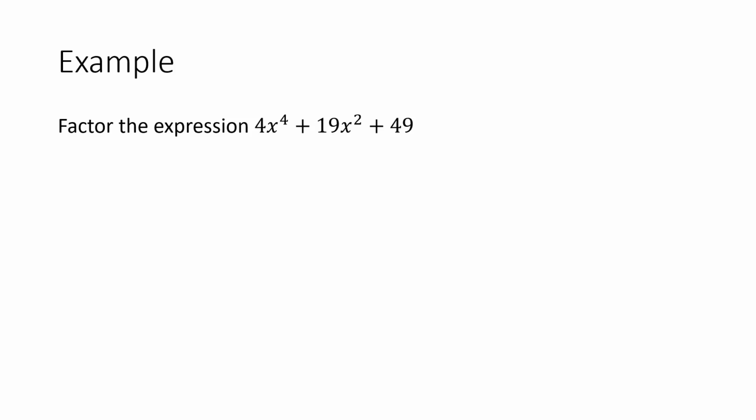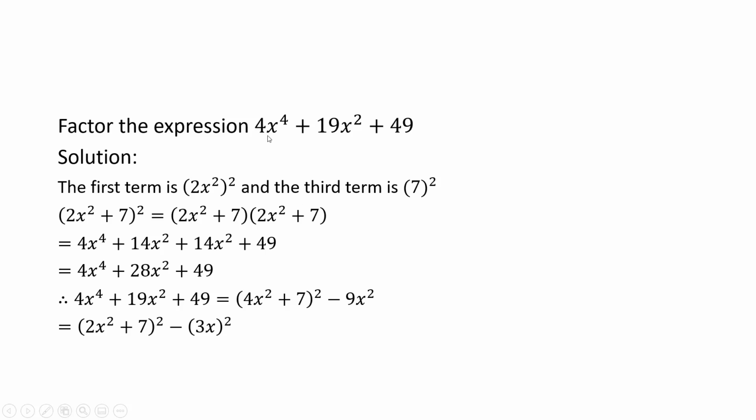And finally, let's try this one. We have 4x to the 4 plus 19x squared plus 49. Well, the first term here, 4x to the 4, is really 2x squared quantity squared, and the third term is 7 quantity squared. So since our middle term is a plus sign, we'll try that first. Let's determine what 2x squared plus 7 quantity squared is.